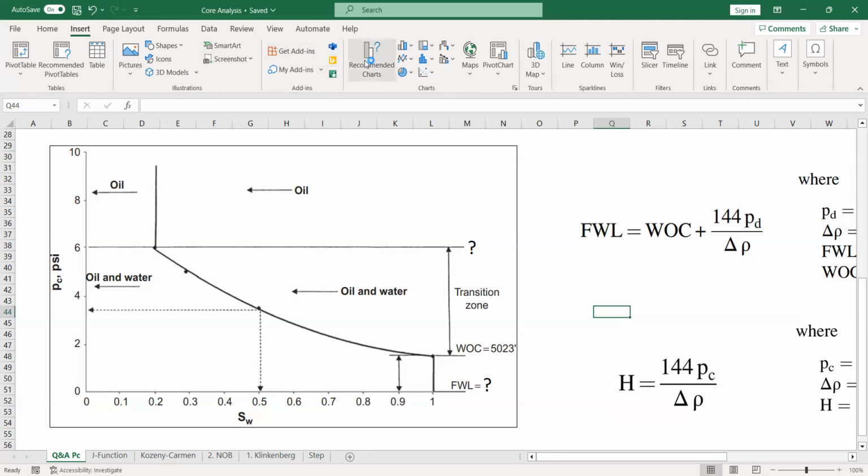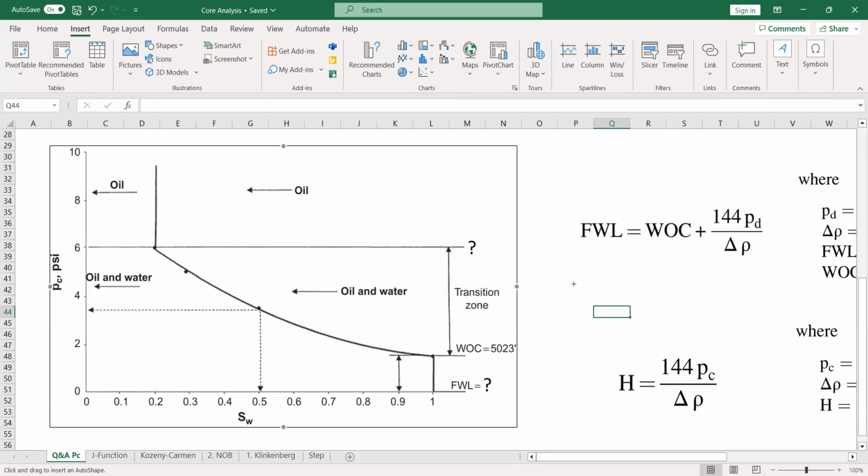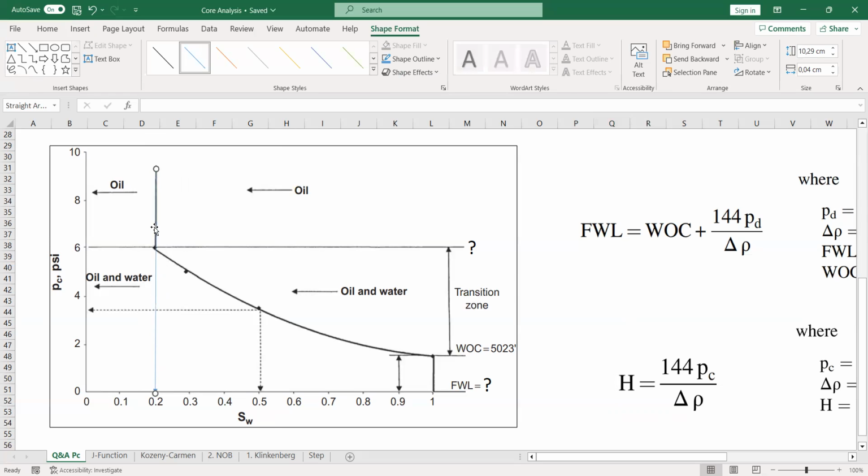So I'm going to use shapes and then arrow. Of course, connate water saturation, we can take the information from this. All right, because at this location, we have pure oil. All right, that is mobile.